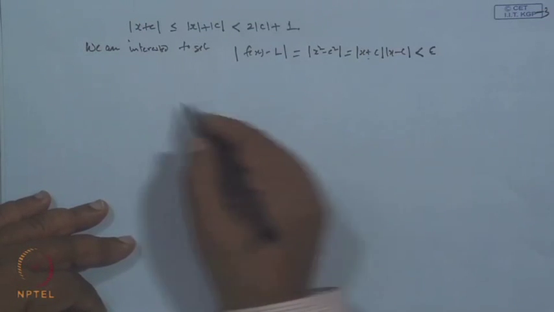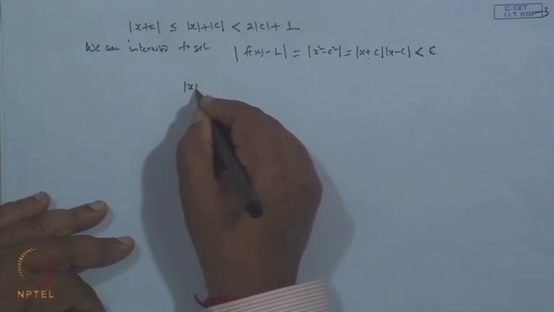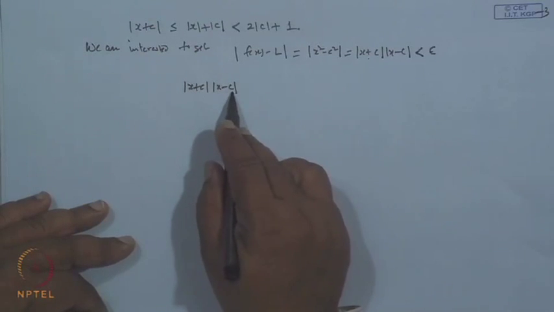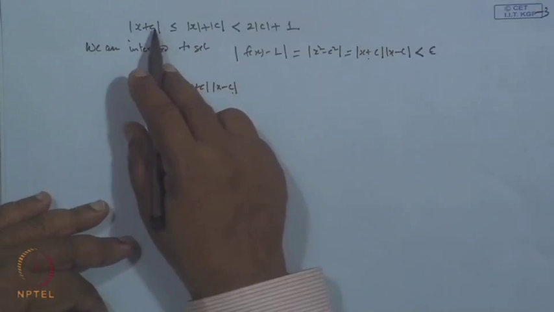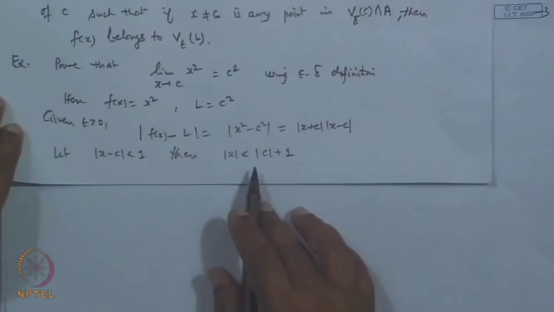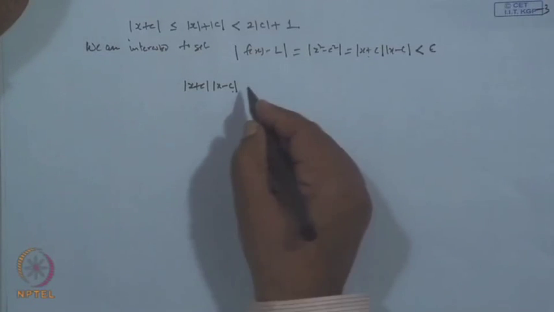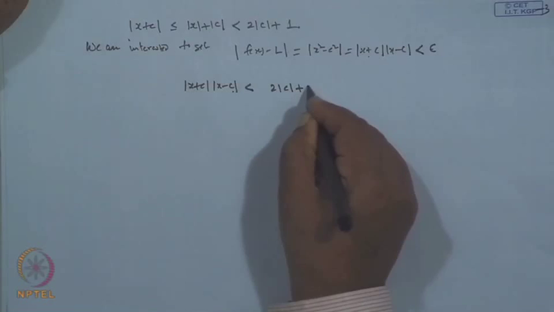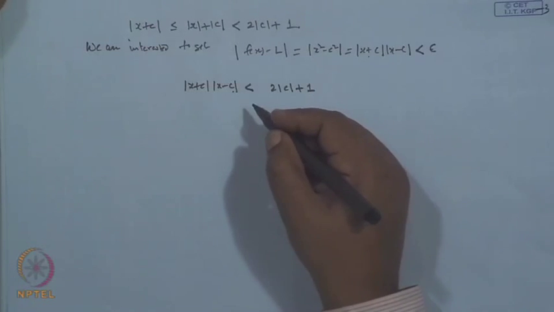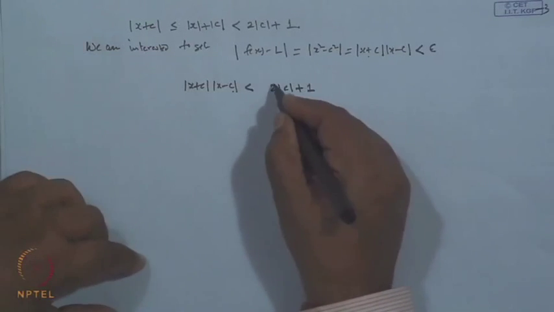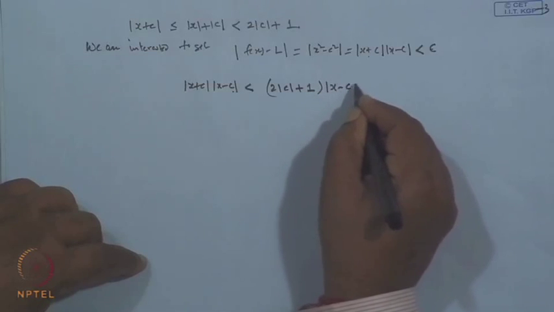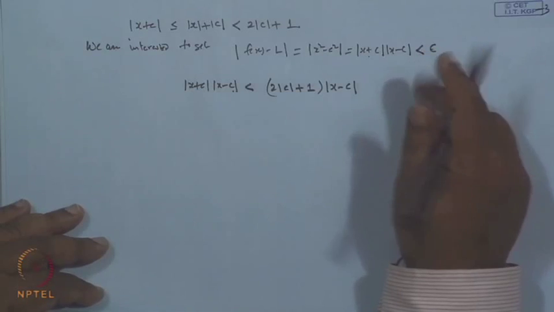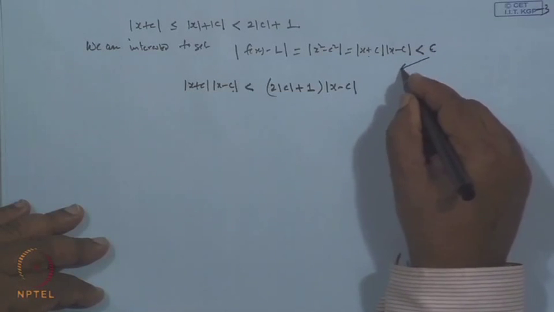So, basically this mod x plus c times mod x minus c, when mod x minus c is less than 1, is less than 2 times mod c plus 1 into mod x minus c. Now, this entire thing we wanted to be less than epsilon.